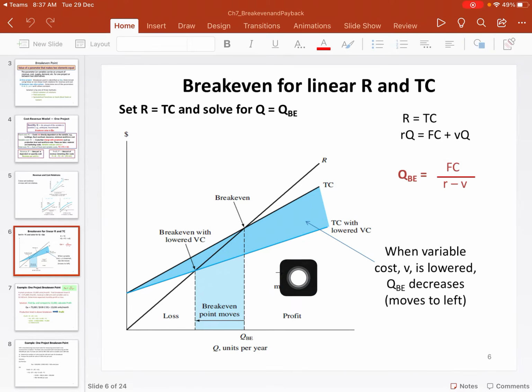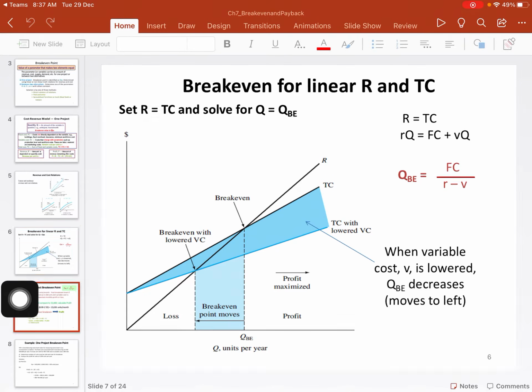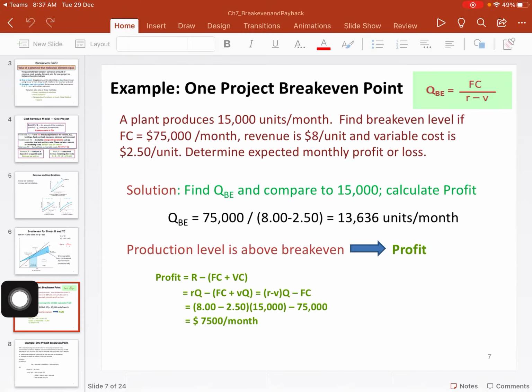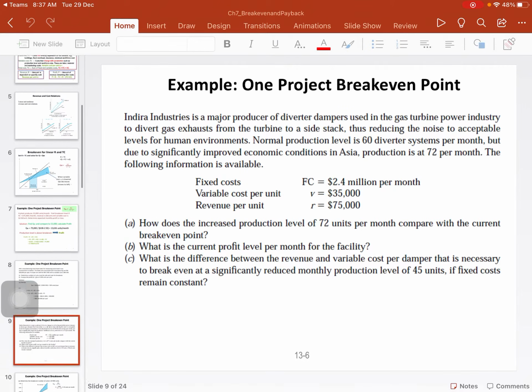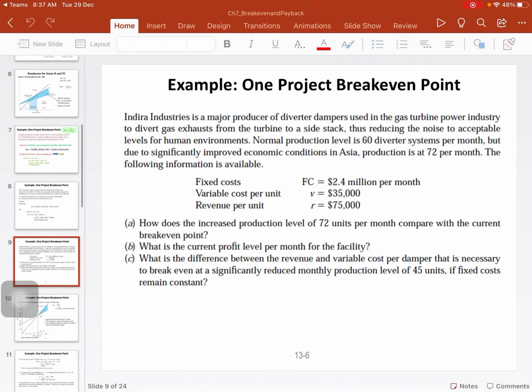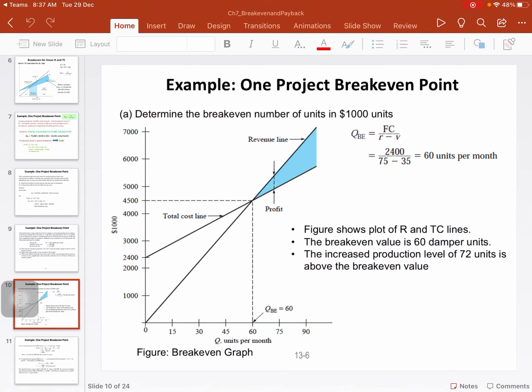And these are the equations for you to determine mathematically the value of break-even. So this is an example for you to calculate QBE. Another example and more, you can do on your own for your understanding.